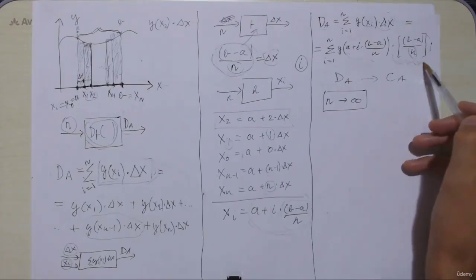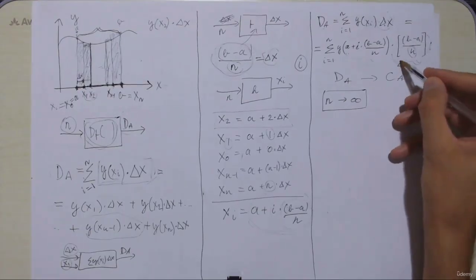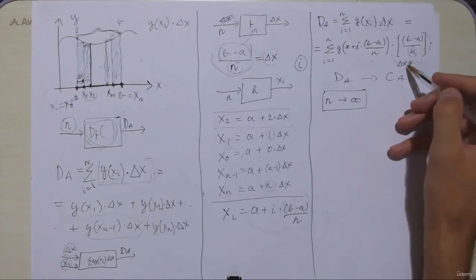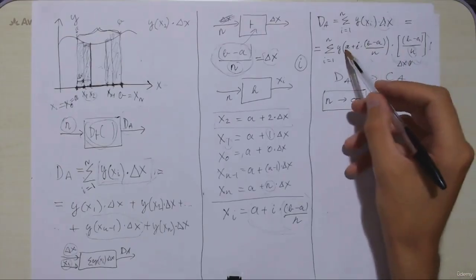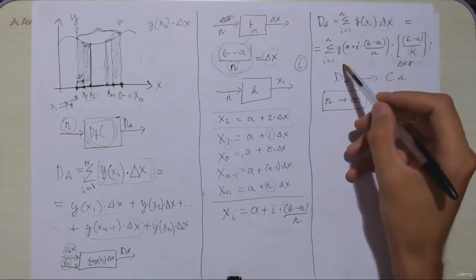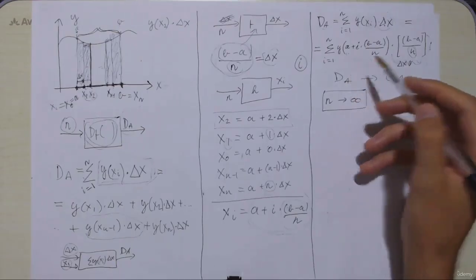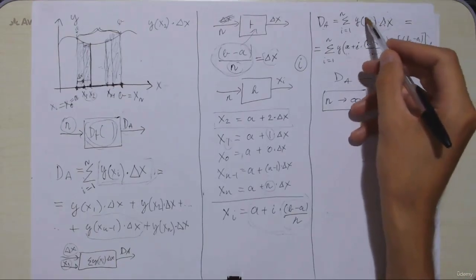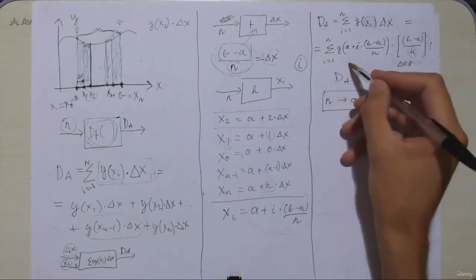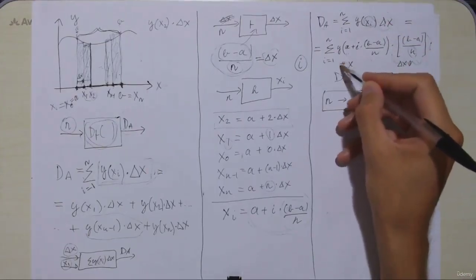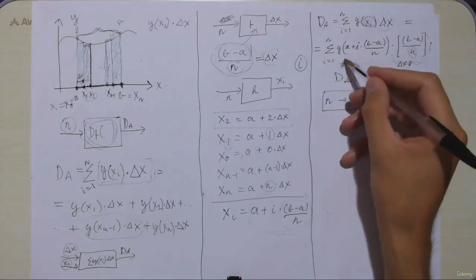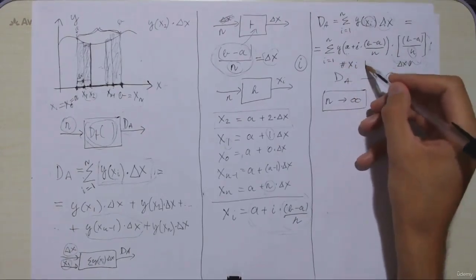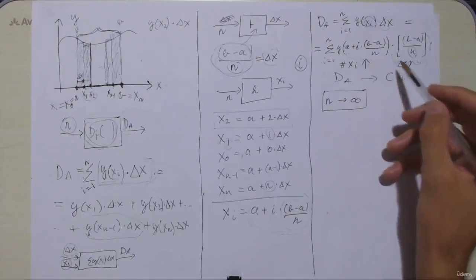So this delta x goes down. But at the same time you will have more xi's. So if you look at this part here, the number of xi's increases.